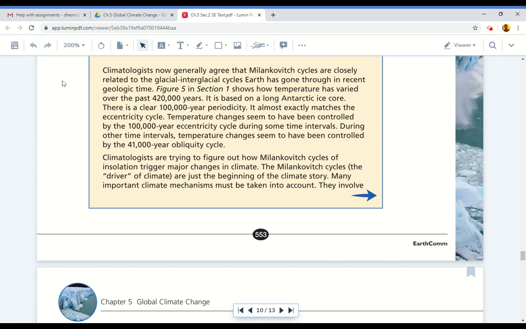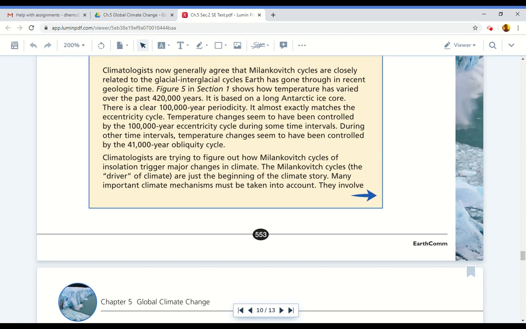Climatologists now generally agree that Milankovitch cycles are closely related to the glacial, interglacial cycles that Earth has gone through in recent geologic time. Figure 5 in Section 1 shows how temperature has varied over the past 420,000 years. It is based on a long Antarctic ice core. There is a clear 100,000 year periodicity.